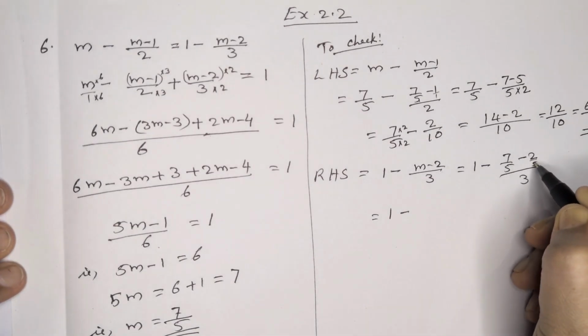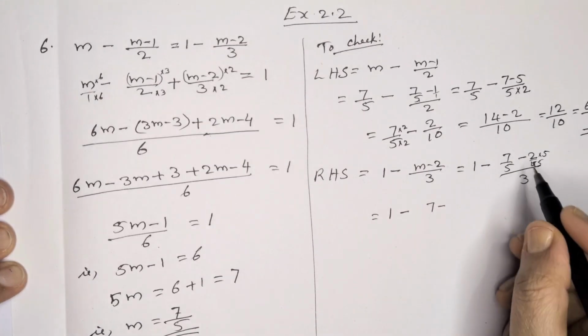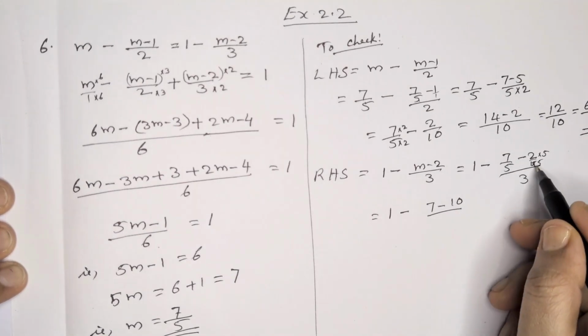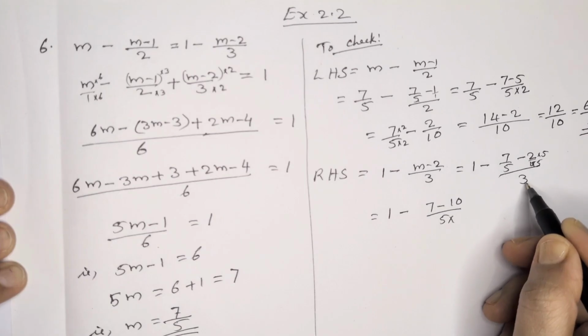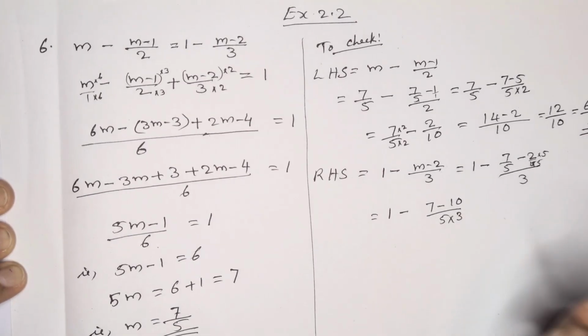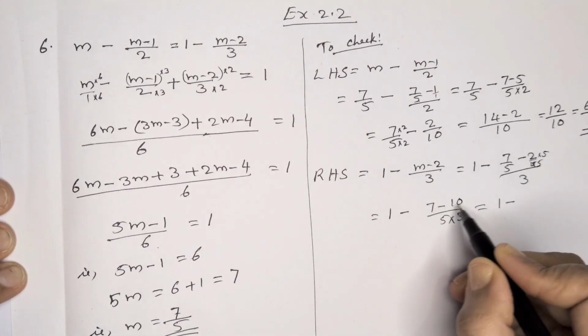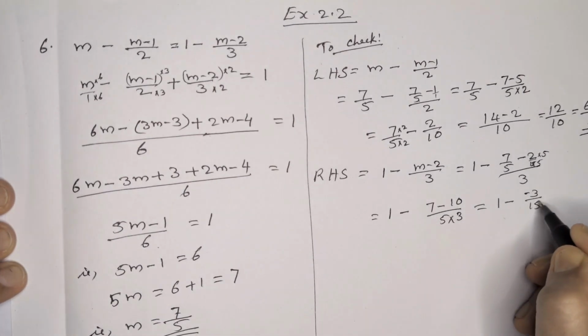So for that 2 by 1, you have to multiply with 5. So we will get 7 minus 10 and 5 is the denominator here, that into the whole thing divided by 3. That also we have to write. Which is equal to 1 minus (7 minus 10), that means minus 3 by 15.